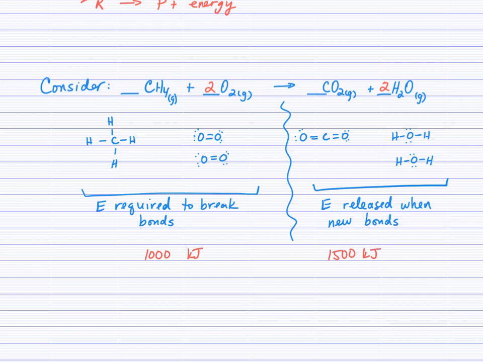So if 1,000 kilojoules is needed to break bonds and 1,500 kilojoules is going to be released, then we're essentially going to have negative 500 kilojoules here, the negative really indicating that 500 kilojoules of energy is released overall.